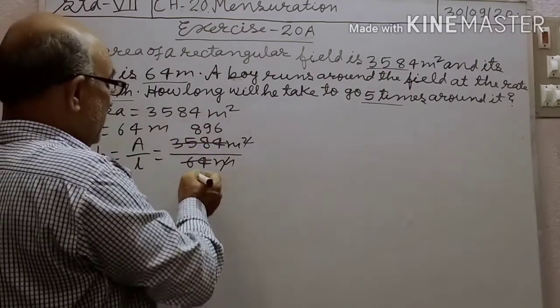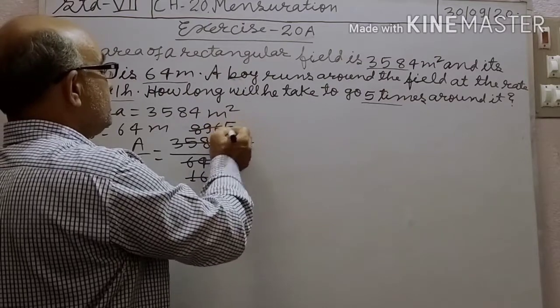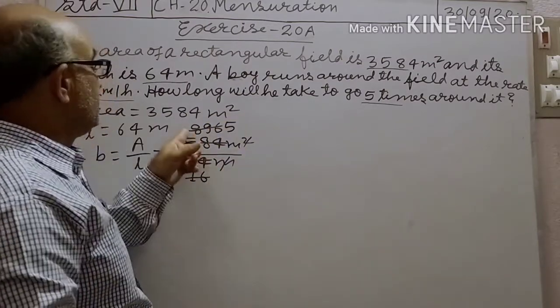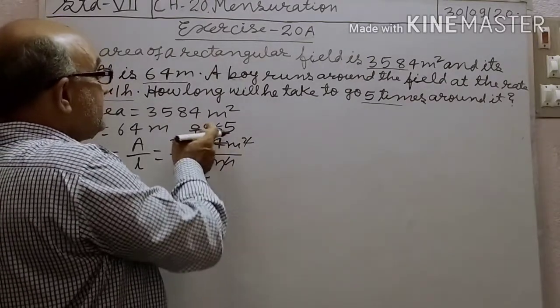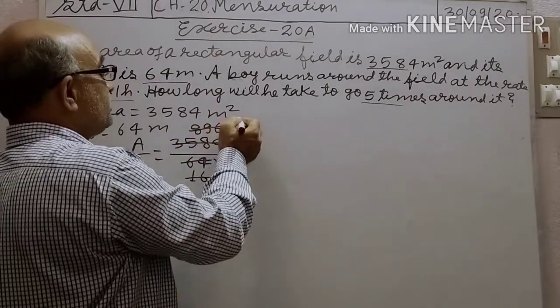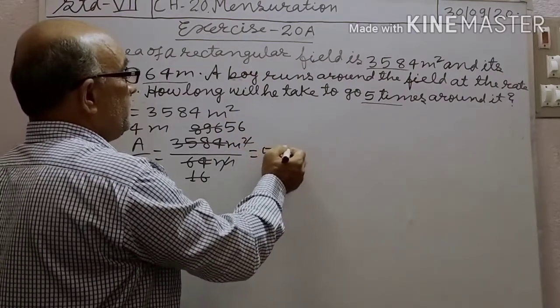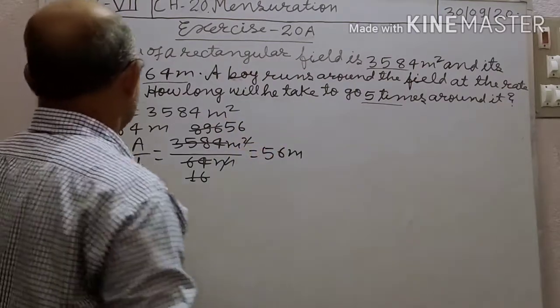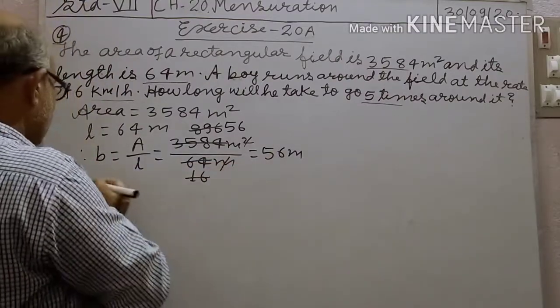Now 16 times: 16 5s are 80 and 16 6s are 96, equal to 56 meter. Length 64 meter and breadth 56 meter.